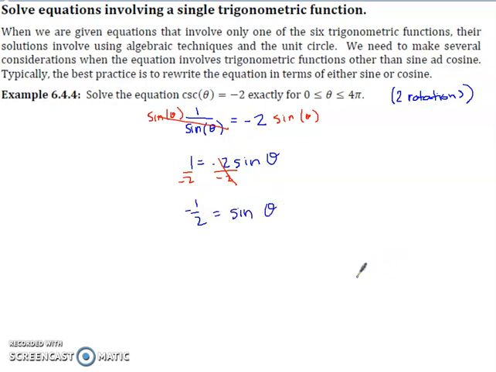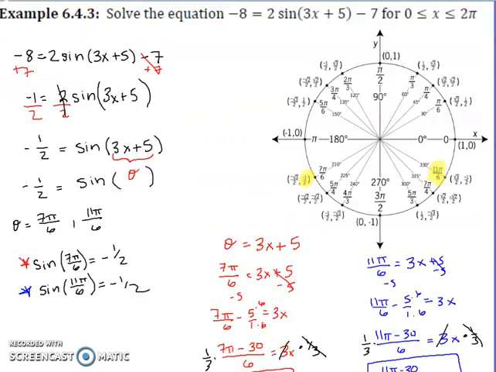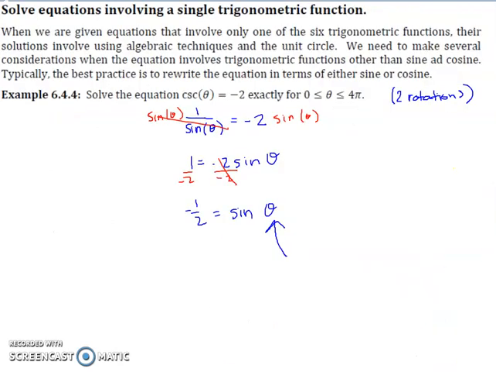So now on 2 rotations on the unit circle, I want to know what value of theta gives me a sine value of -1/2. So going back to my unit circle, I see that I've got a sine value of -1/2 at 7 pi over 6 and at 11 pi over 6. So theta could be 7 pi over 6, or it could be 11 pi over 6.